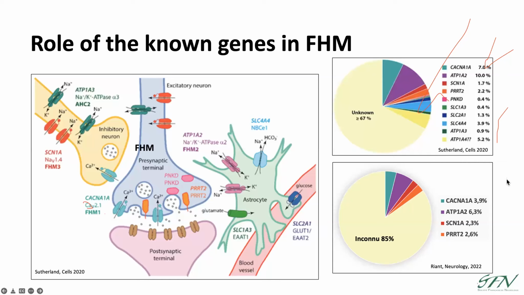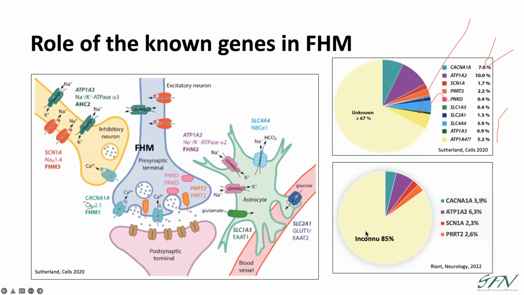Here, this is a result of the study in France on a much larger panel of patients addressed for suspicion of hemiplegic migraine. This is a cohort of 697 patients since some years.